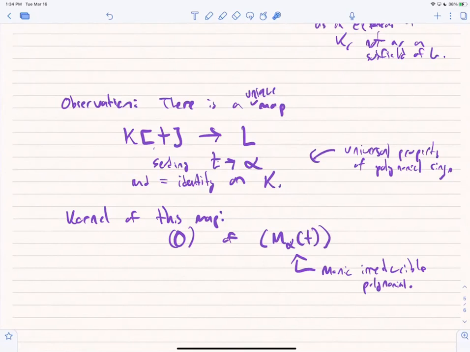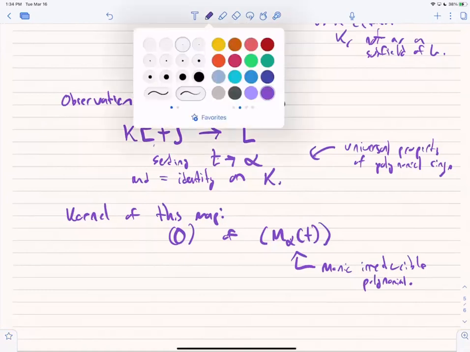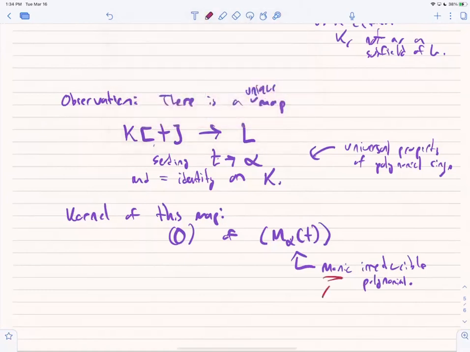We only looked at the positive primes when we were writing down all the ideals. And here, to make sure we haven't written down the same ideal twice, we only look at monic irreducible polynomials. So this monic condition is just to make sure you don't write down the same ideal twice.